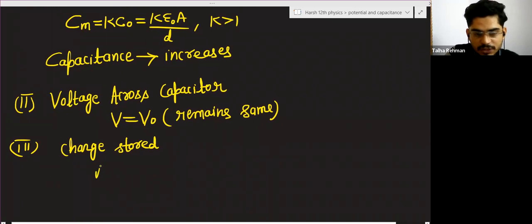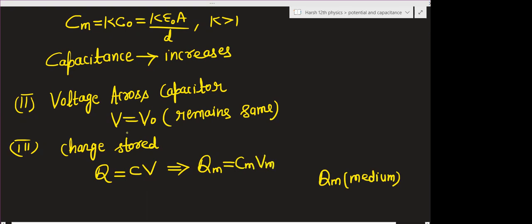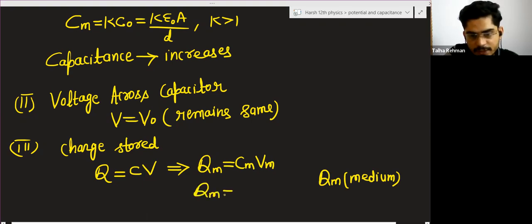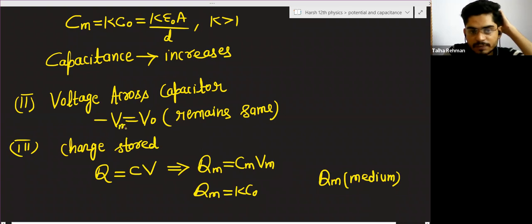For the charge we have the formula capacitance into voltage. For Q I will write Qm, meaning the charge when the medium is filled. So Qm equals Cm into Vm. Cm is K times C naught, and Vm is V naught.